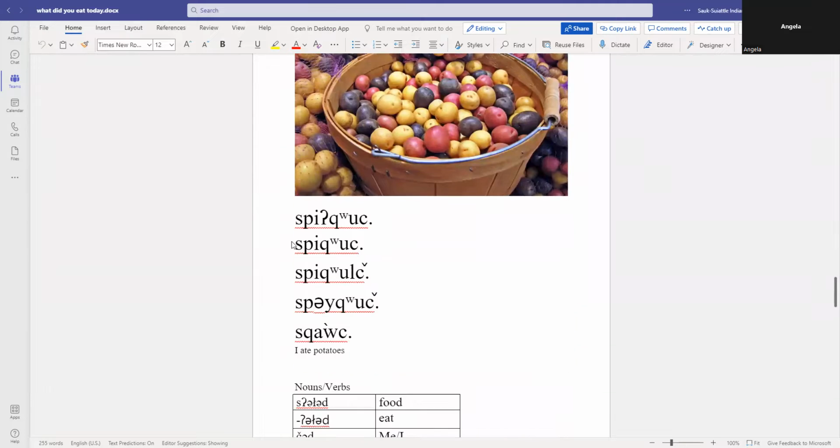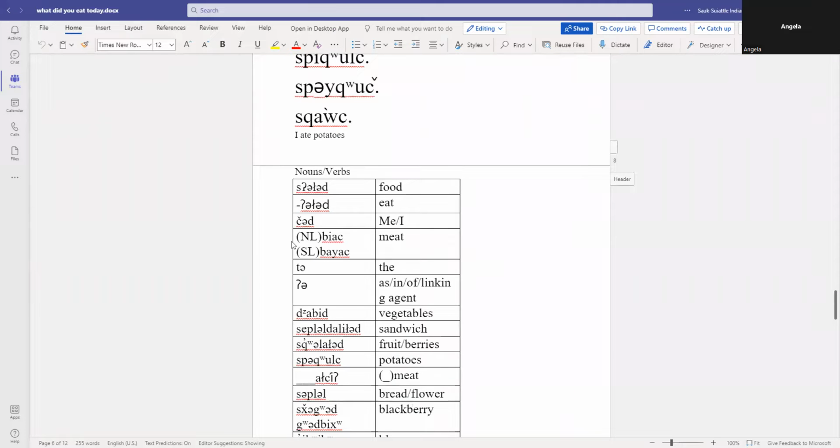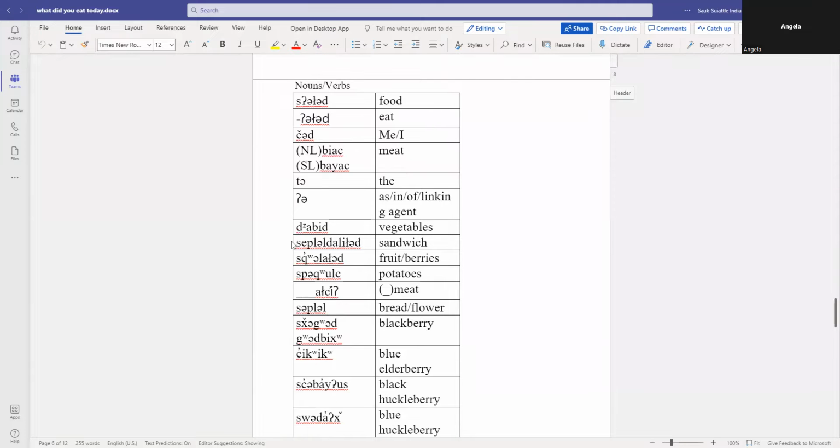You'll find all of that at the bottom of the pages with the nouns and verbs. Acid, which is food. You're nouning the action. So acid is eat, and acid is food. The action of eating is now the word for food.